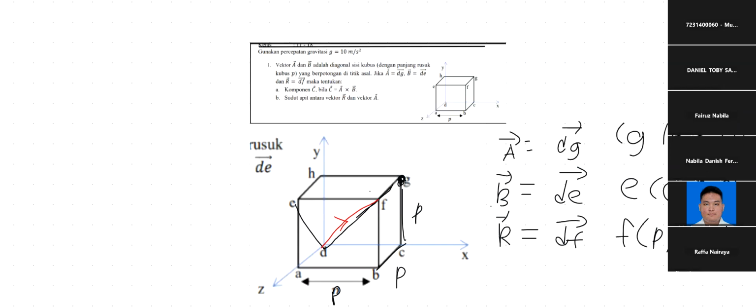Now, the question at point A is asking for a component C, where the component C is equal to A cross B. If you guys remember how to do cross products, let's make it.